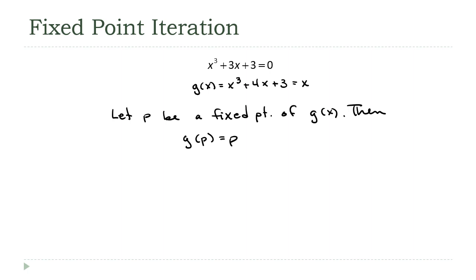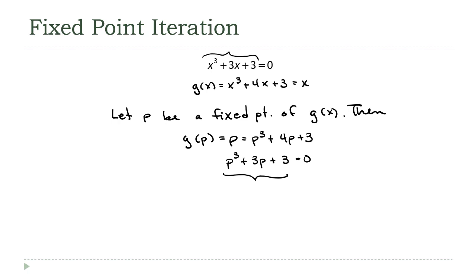But g of p is also p cubed plus 4p plus 3. And if we subtract p from both sides of this, we get p cubed plus 3p plus 3 equals 0. And you notice this is this expression up here, evaluated at p. So that value that is a fixed point of g is also going to be a solution to the original equation.